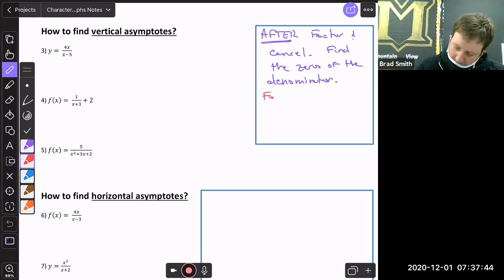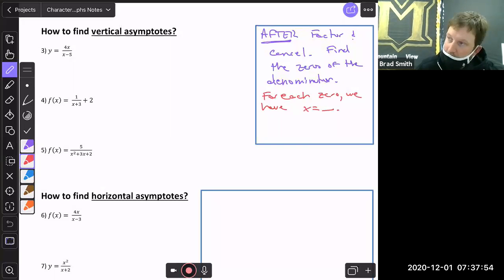So for each zero, we have x equals blank. This is our vertical asymptote.